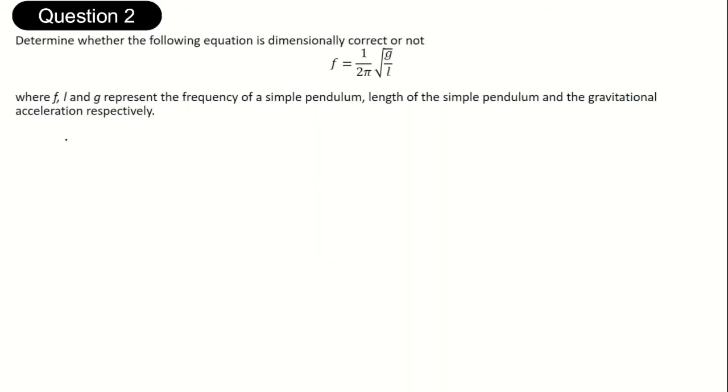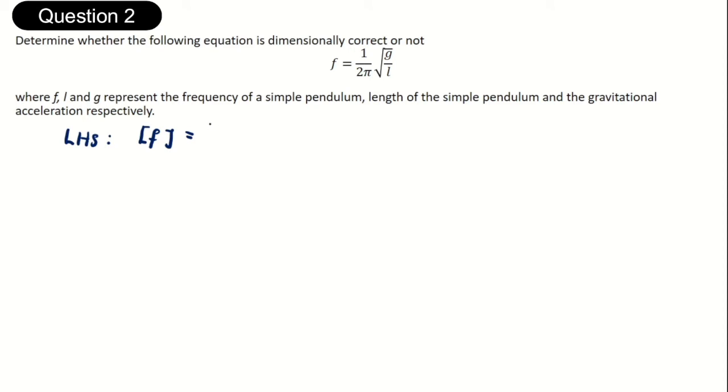Next we look at our second question, where we have f equals 1 over 2 pi times the square root of g over r. Here f refers to frequency, g is gravitational acceleration, and r is length. First we start with the left hand side, where we have the dimension of frequency, so we need to write it in a bracket.